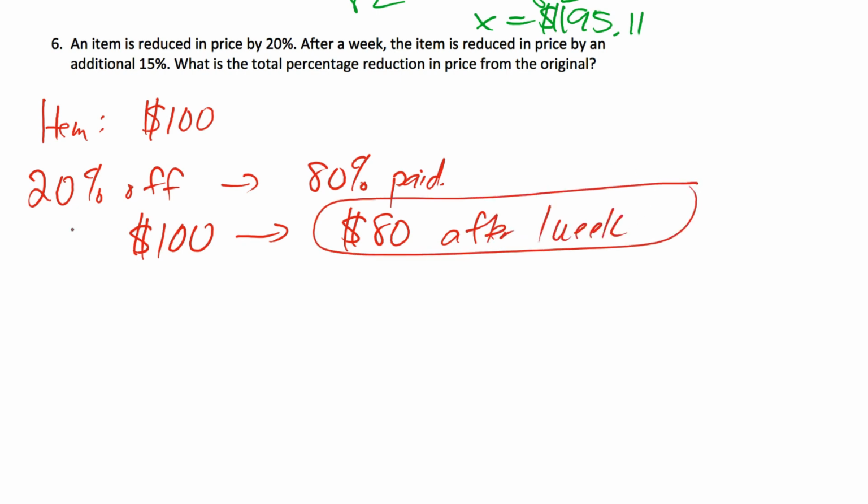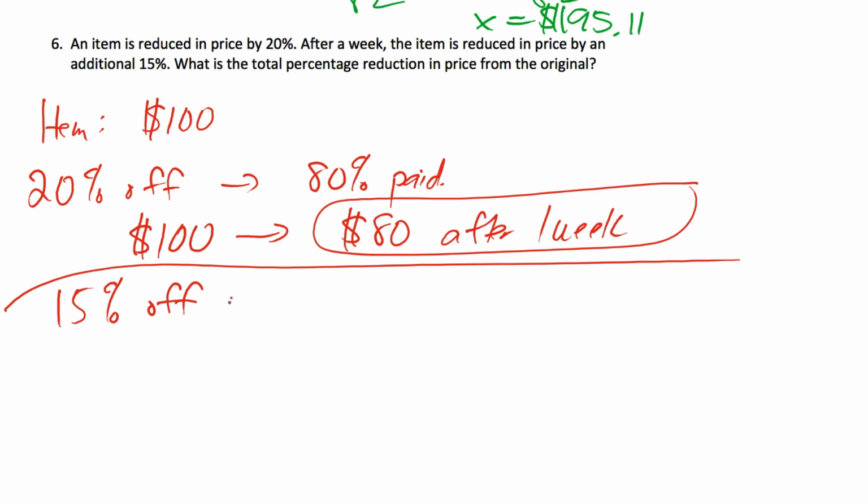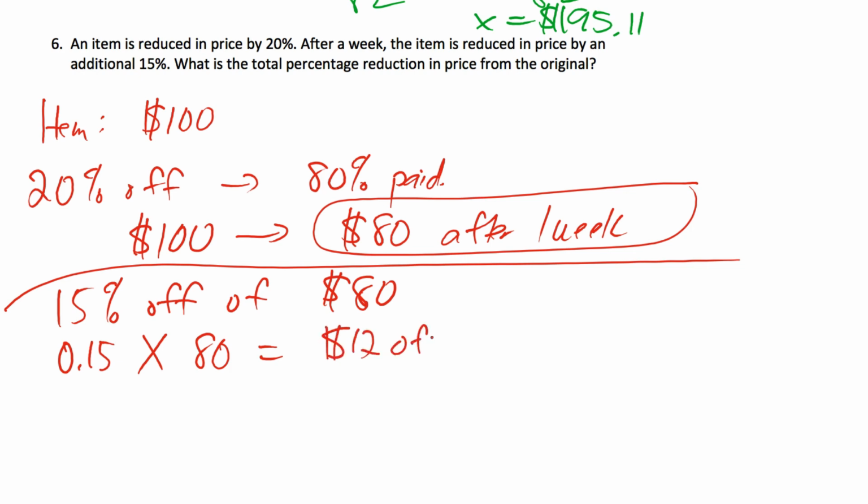Okay. Now we're going to take that $80 and we're going to take 15% off of the $80. So if we take 15% of the $80, that is going to be $12 off. In other words, the item will now be priced at $80 minus $12, which is $68.